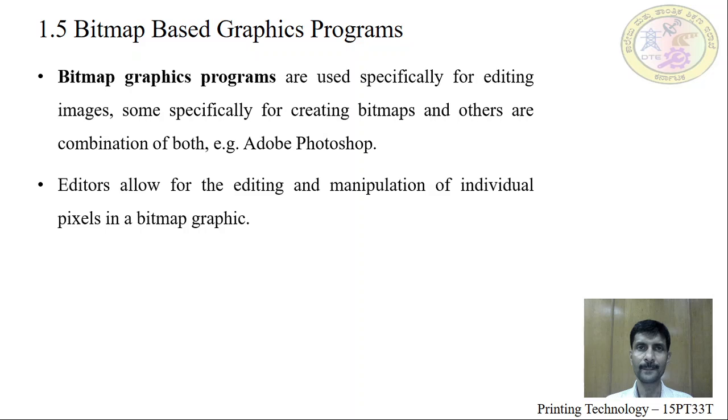Whereas bitmap graphics are made up of pixels, so even a tiny point can be edited. Tiny pixels which cannot be viewed normally can also be edited and manipulated individually, not in combination. These are the advantages of bitmap graphics.